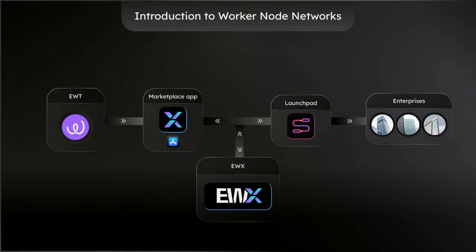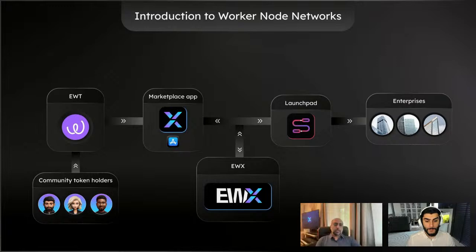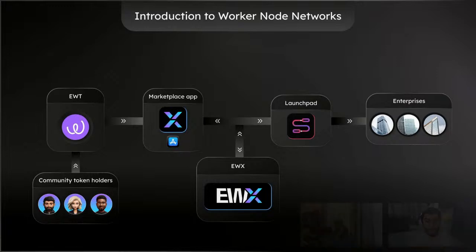How it works is that token holders in the community, who hold Energy Web token, which is on the Energy Web chain, would be able to lift their tokens and stake into different solutions, for a subscription to different solutions.